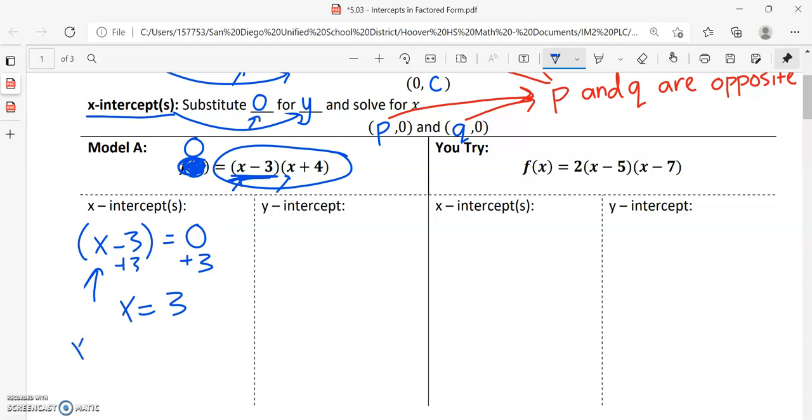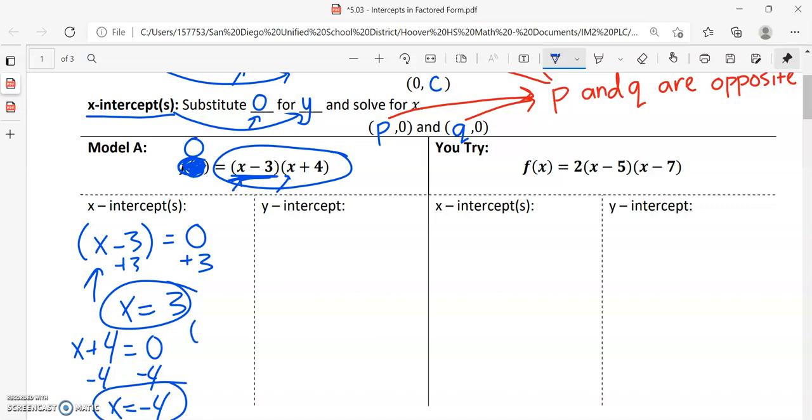We have x plus 4, set it to equal 0, and subtract 4 from both sides. So then x would equal negative 4. So at x equals 3 and negative 4, we have our x-intercepts. You're going to write that as (3, 0) and (negative 4, 0).